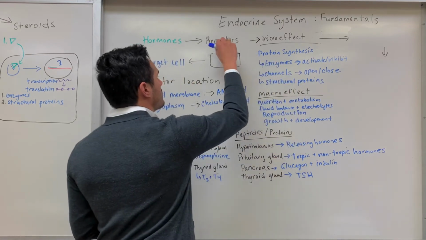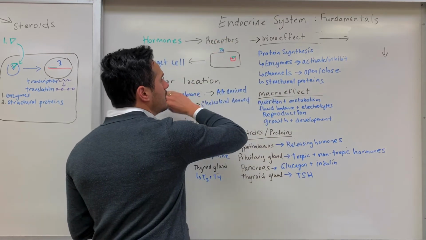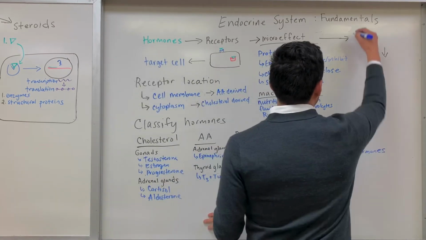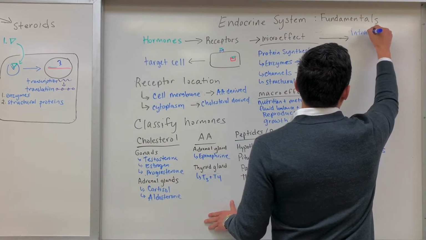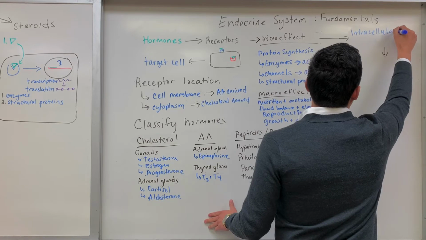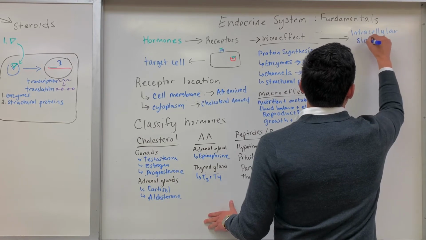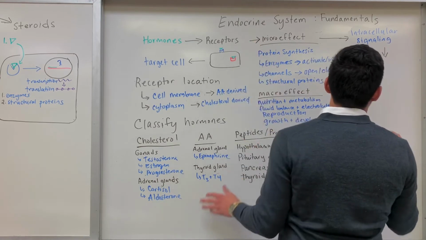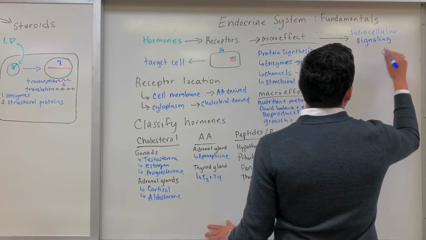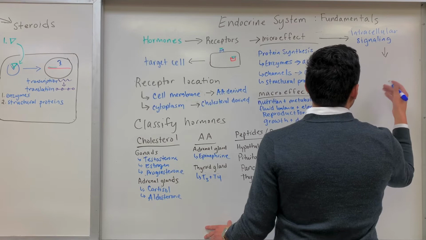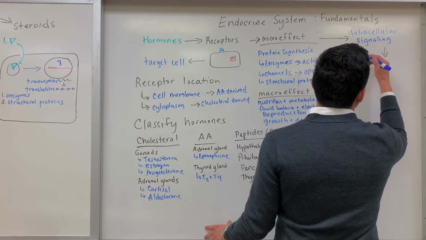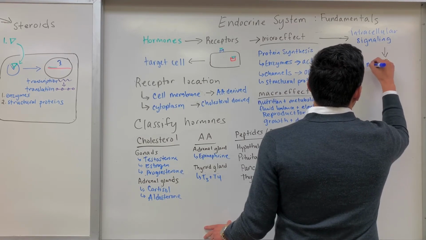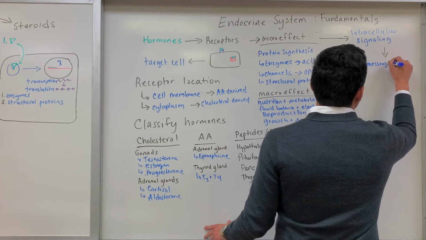Once the hormone binds to its receptor, what occurs is intracellular signaling. This is what enables all of these things to occur at the micro level. And one thing that we're going to discuss in the next video is the secondary messenger system.